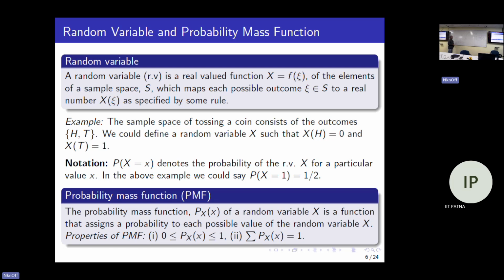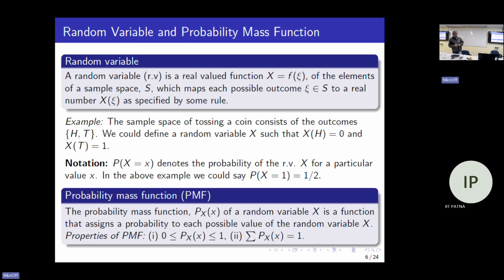And what is the probability of getting 100? It is 1 by 6, and likewise 1 by 6 for all of them. So this is the probability mass function. If you have the random variable and the probability, this is the probability mass function.